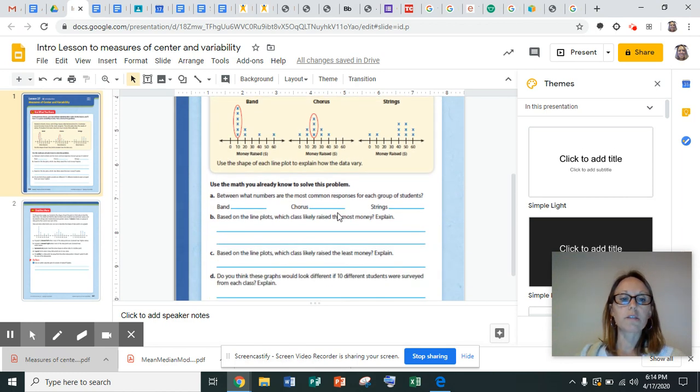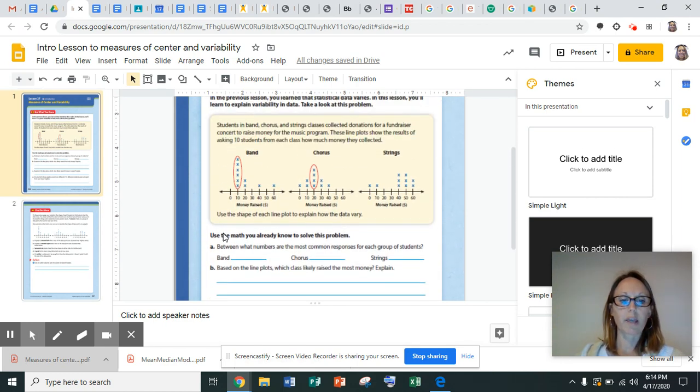All right, so let's look at this first problem right here. Between what numbers are the most common responses for each group of students? Okay, so I'm going to go up here and I'm going to get a text box. And I'm going to make a text box here so that I can type.